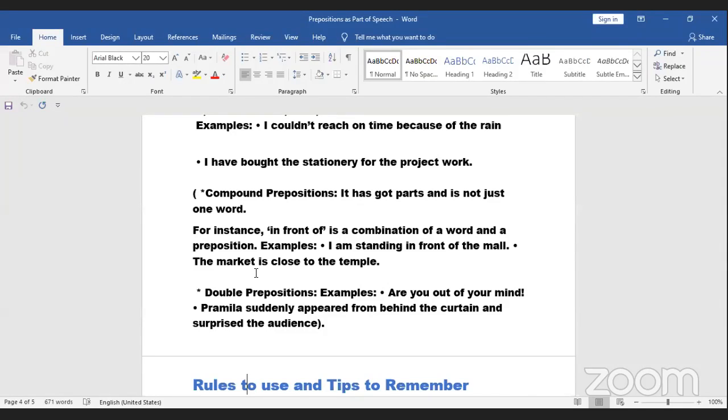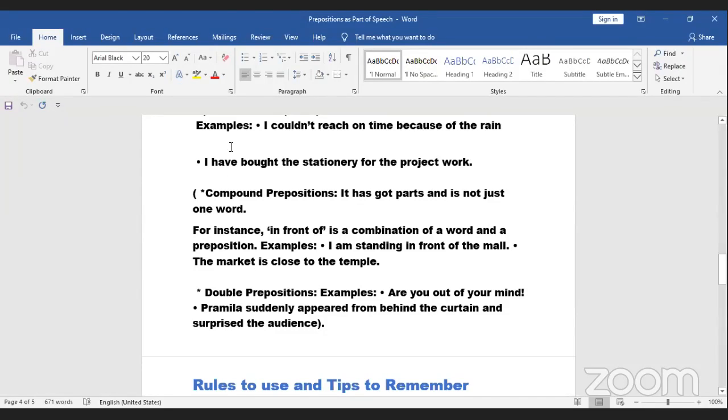Now the second possibility is that two preposition words themselves can come and act as a single preposition, like out of. That question was out of the blue. Out of, the two preposition words themselves. Are you out of your mind? Out of, that is a double preposition.